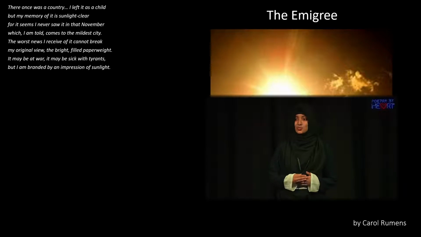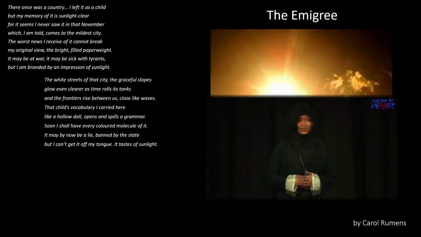It may be at war, it may be sick with tyrants, but I'm branded by an impression of sunlight. The white streets of that city, the graceful slopes, glow even clearer as time rolls its tanks, and the frontiers rise between us, close like waves.